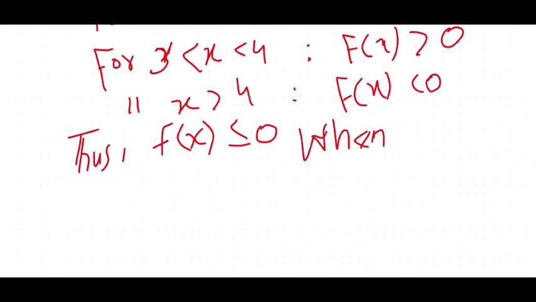So this solution shows that 2 less than or equal to x less than 3 is incorrect for the given function, okay? So this is the answer of this question 4.4.